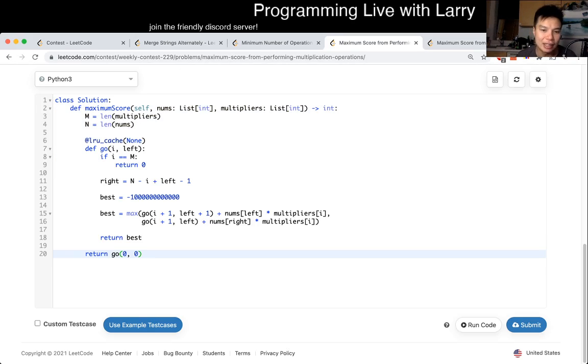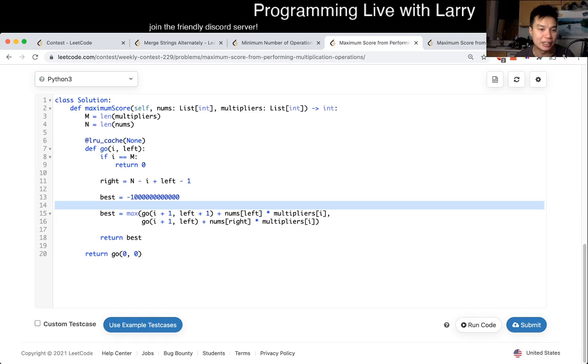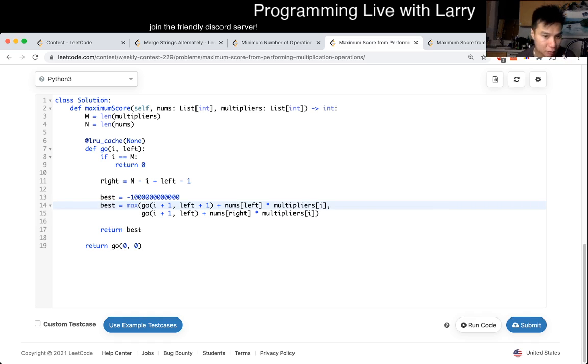So the idea is, okay, now we just do a typical dynamic programming thing. So now we look at the multipliers one at a time, which is m, and for each multiplier we choose in a brute force kind of way whether we take one from the left or we take one from the right, and this is basically the recurrence.